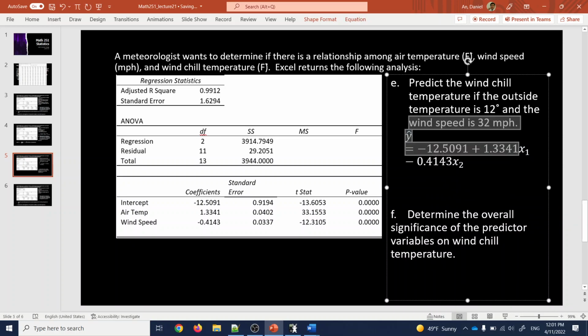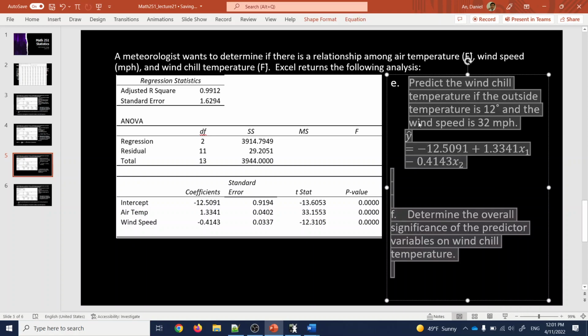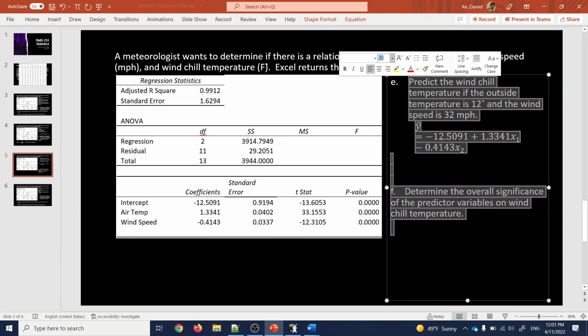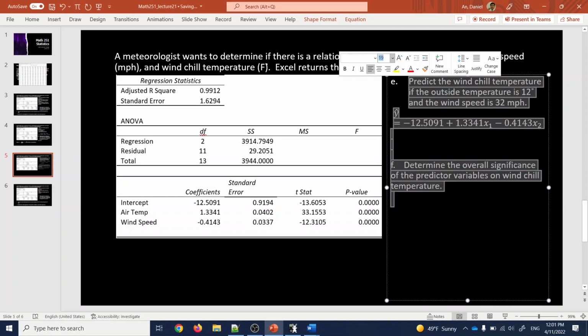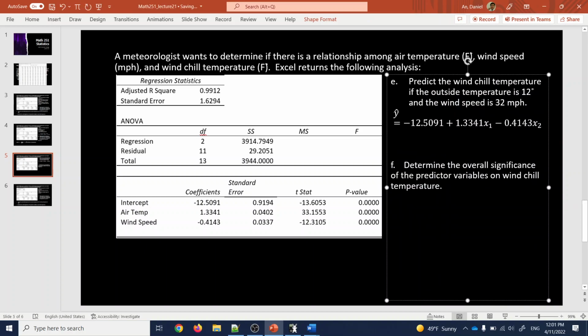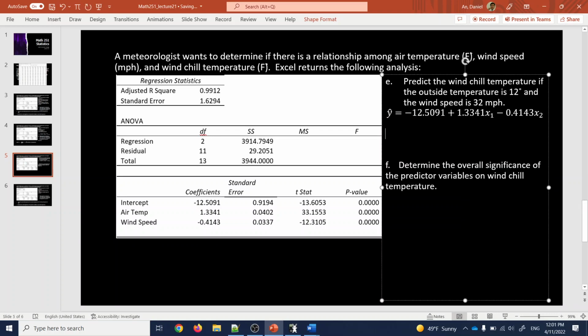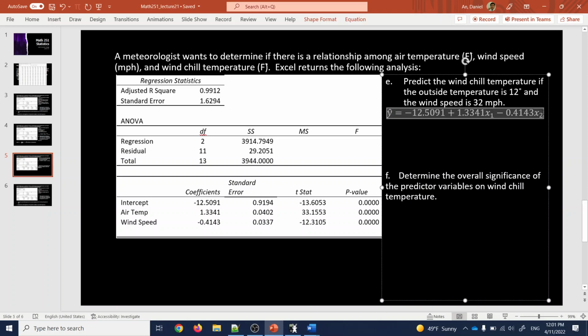Let me just make this smaller. Okay, so I have outside wind temperature is 12. So from this formula right here, I just have to plug in 12 and 32 into x1 and x2.